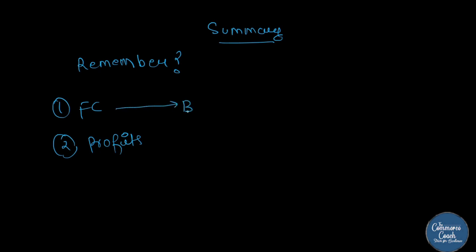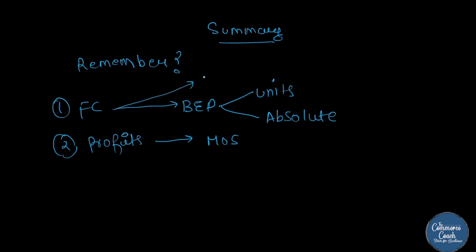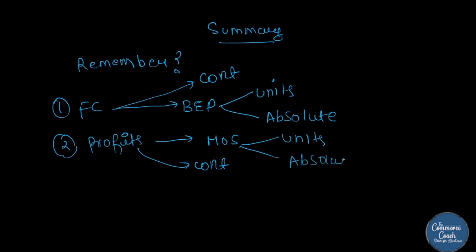Basically fixed cost is related with BEP, profits are related with MOS. Now BEP can be in units, can be in absolute value, and fixed cost is also related with contribution, and profits are also related with contribution. Now MOS can also be in two things, units and absolute value.